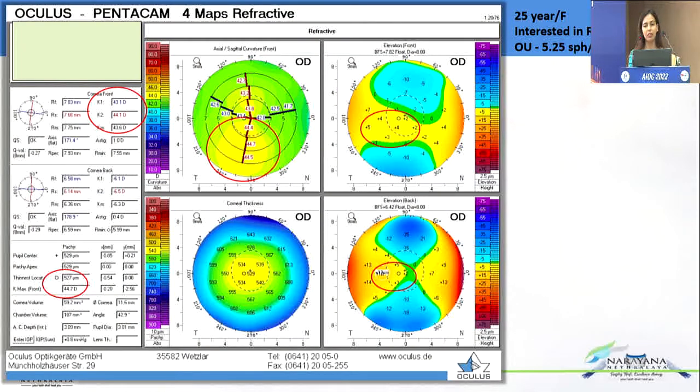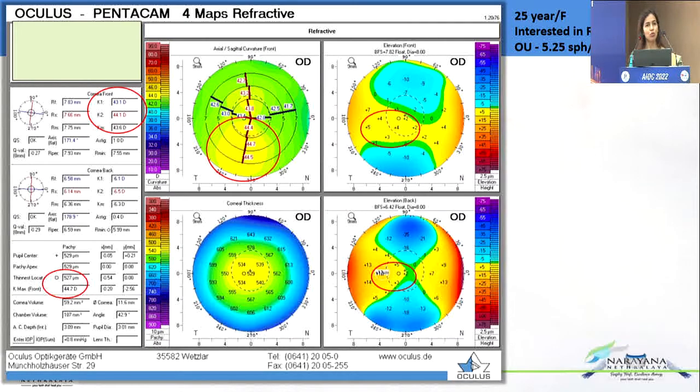This was a young lady who was interested in refractive surgery, and even though it's more or less normal, there's a little bit of irregularity, that inferior superior asymmetry we see on the topography on its sagittal curvature, which puts in a little hesitancy on whether we should go ahead with a refractive surgery. Everything else seems pristine, the pachymetry is good.